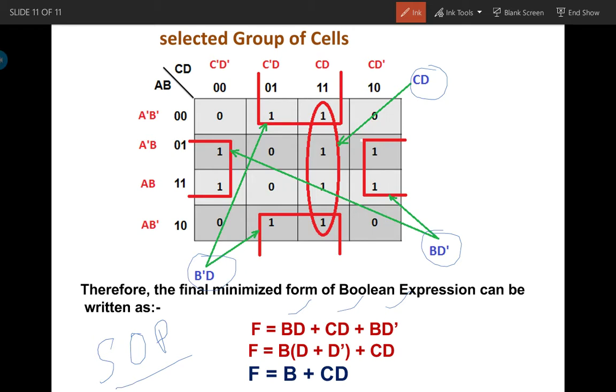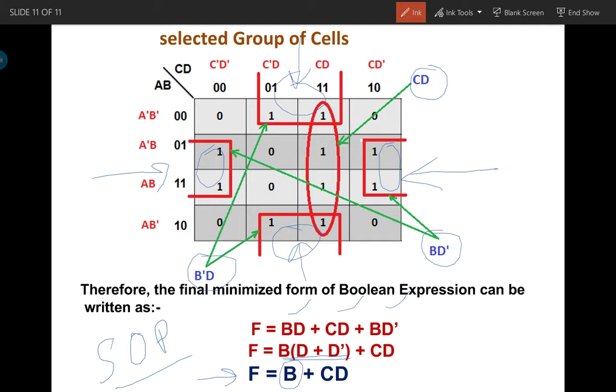Now come to that point: instead of making two separate quads, we can make one single octet from this and this. Ultimately these are all on the extreme sides, extreme left, extreme right, extreme top and extreme bottom. So correspondingly the extreme sides can be grouped together as a single group. If we combine them in this way, ultimately your expression will further reduce.